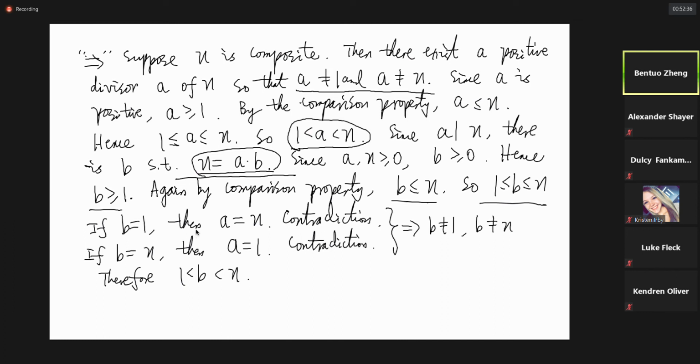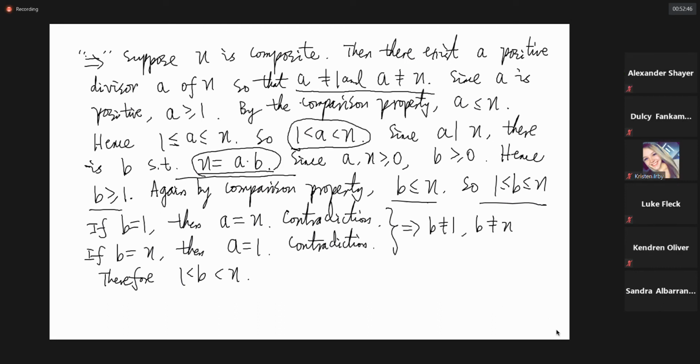All right. So the next lemma is the basis for the fundamental theorem of arithmetic, which tells you that for any integer greater than or equal to 2, there always exists a prime number that divides the integer.